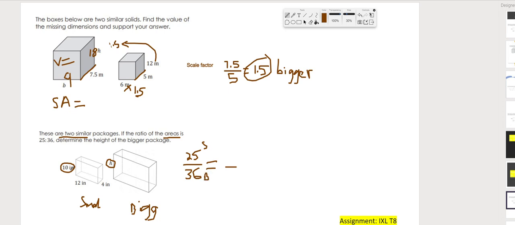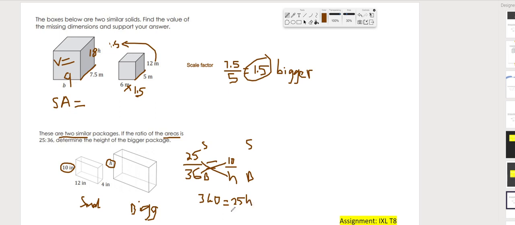So here I want to do the same thing: small on top, and the smaller box is 10, so 10 goes here. The bigger box goes on the bottom, in this case H. Again, here you're going to cross multiply. 36 times 10 is 360, and H times 25 is 25H.